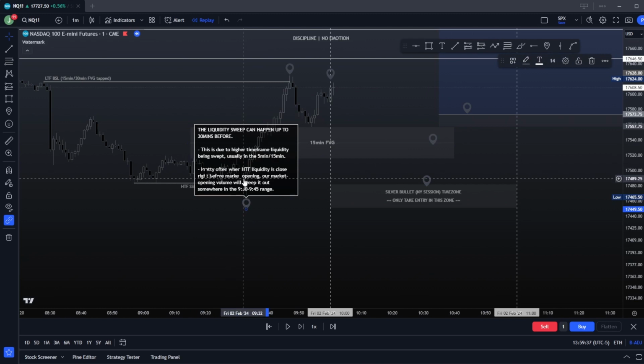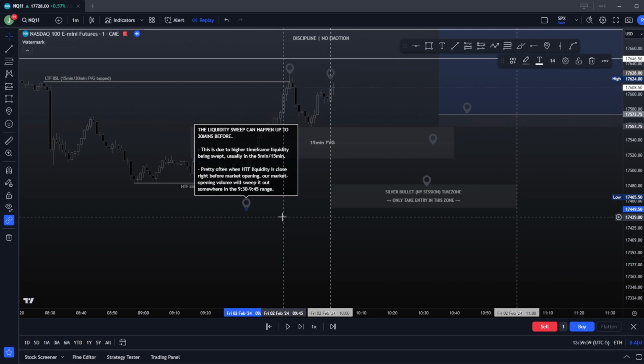But yeah, pretty often when higher time frame liquidity is close to price before market open, we kind of expect market opening volume to sweep it out somewhere in the 9:30 to 9:45 range. It can sweep a little after 9:45, anywhere in that 30-minute window, really.